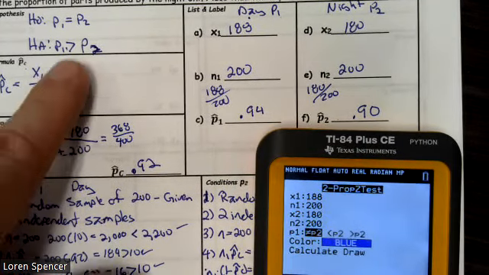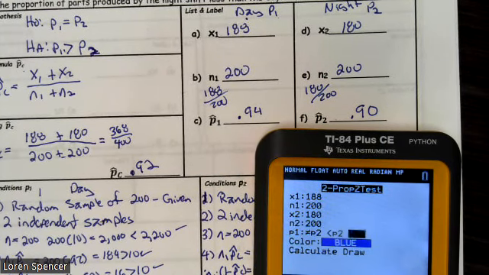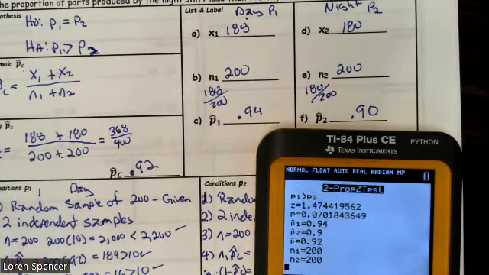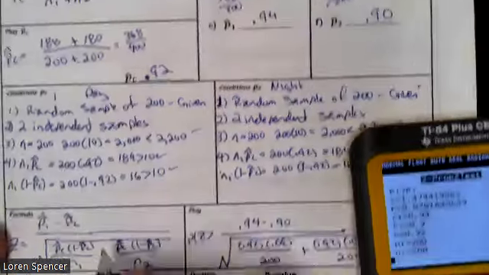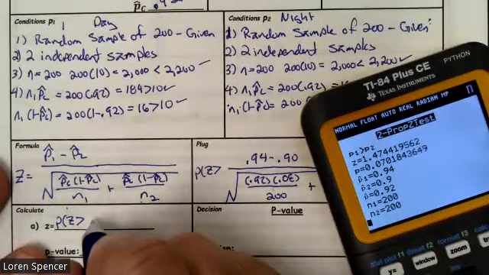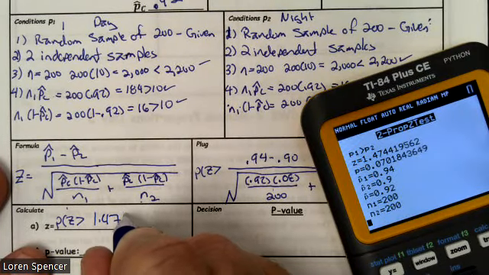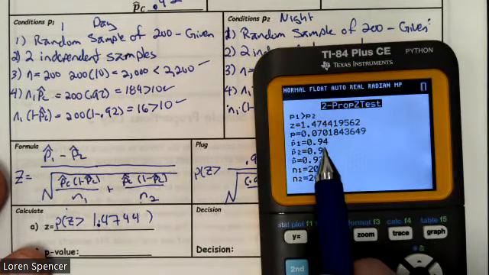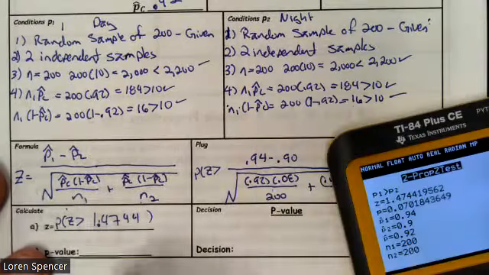Our alternative was a greater than, so we need greater than. When we calculate that, we get the probability that z is greater than 1.4744 equals a p-value of 0.0701.